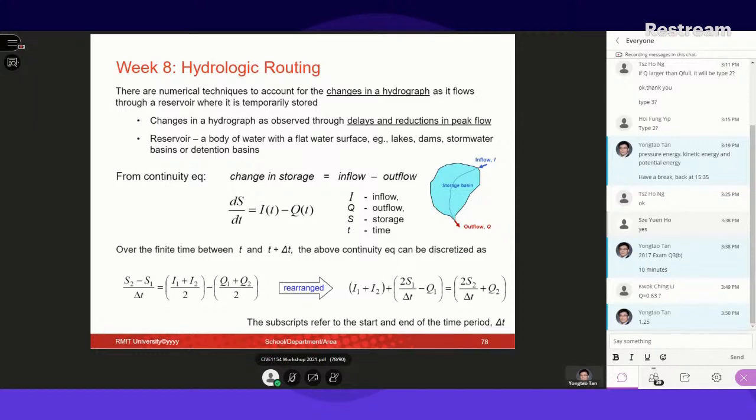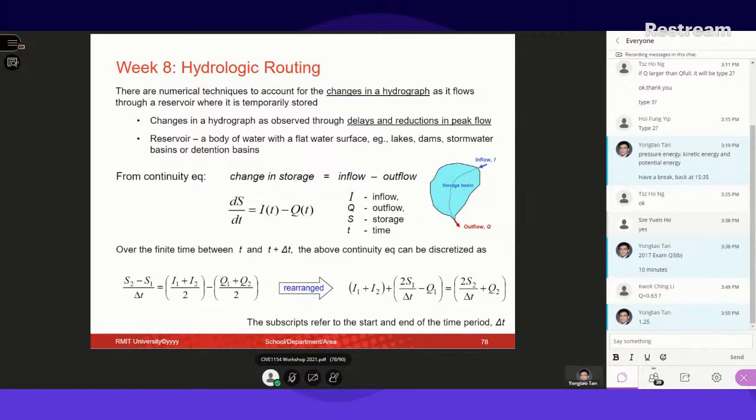Okay, so it's quite easy to understand, right? The change in the storage is inflow minus outflow. If we take a small time dt, you can see the storage change over the time dt.